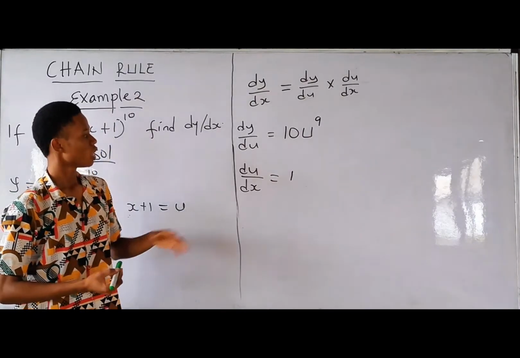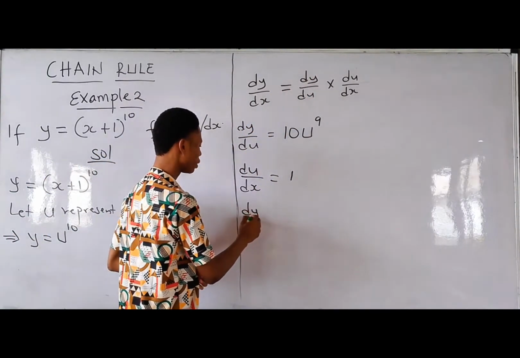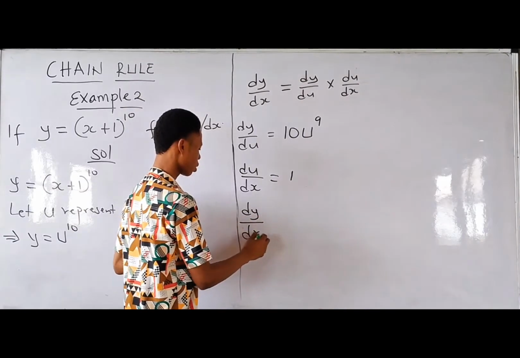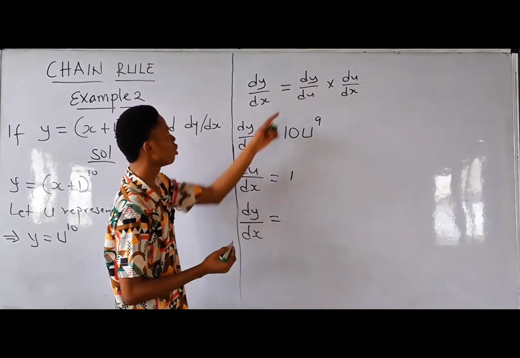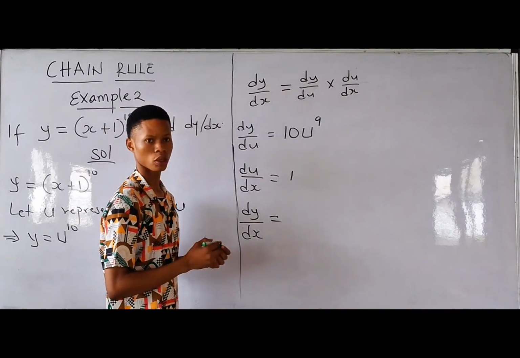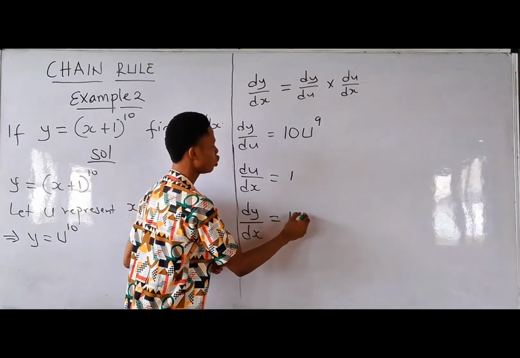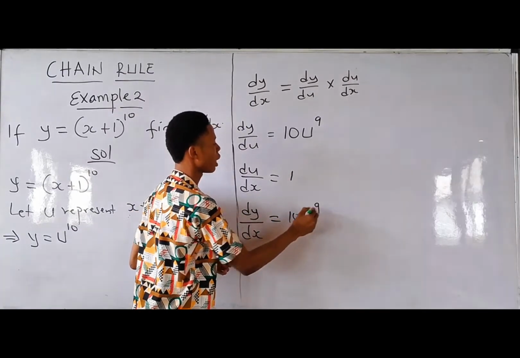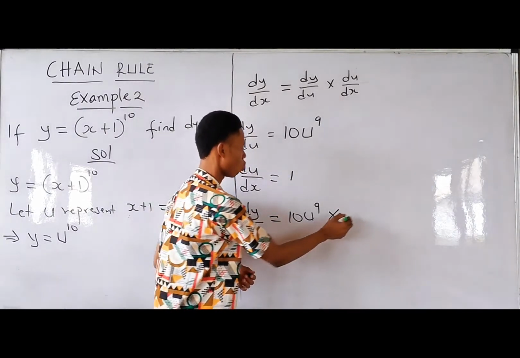Good. Let's substitute in the formula now. dy over dx is equal to, now dy over du is what? 10 u raised to power what? 9, right? Times du dx is what? 1.